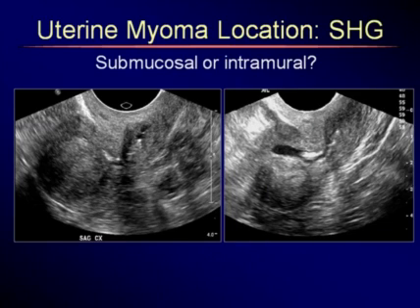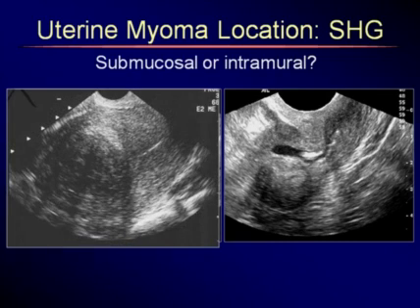Sonohysterogram helps us. Fluid delineates the cavity, and the myoma is seen to be completely transmural and with no submucosal component. So endometrium is cleared, and this patient's myoma is hopefully going to regress some more.